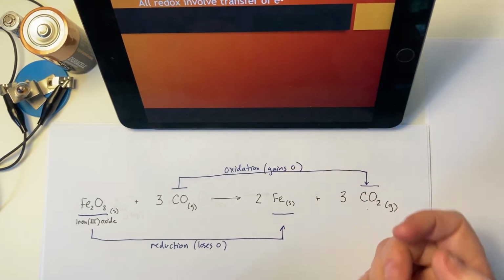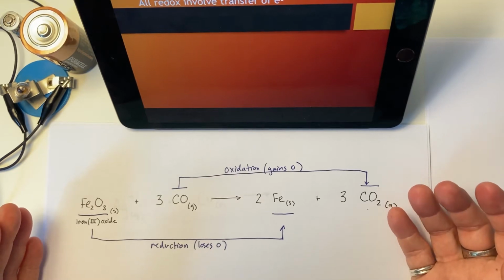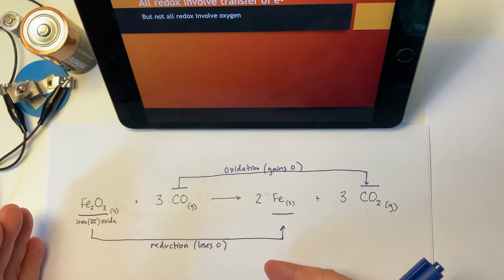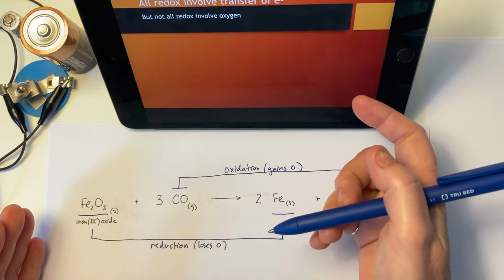Now, we know that all oxidation reduction reactions involve a transfer of electrons, but not all of them involve oxygen. Like this one, we can clearly see how the oxygen is being transferred.